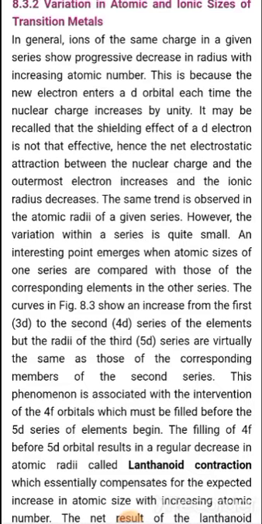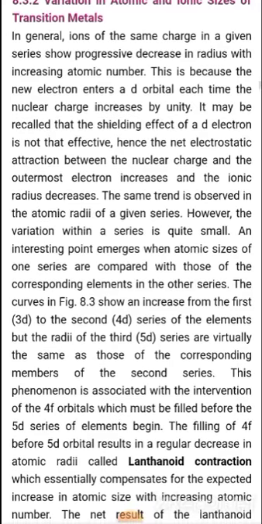And we know that the d orbital shows a very poor shielding effect, due to which it doesn't shield the electrons very effectively. So the force of attraction between the nucleus and the outermost electrons increases, and thus the size decreases.